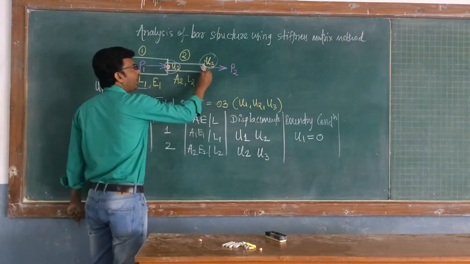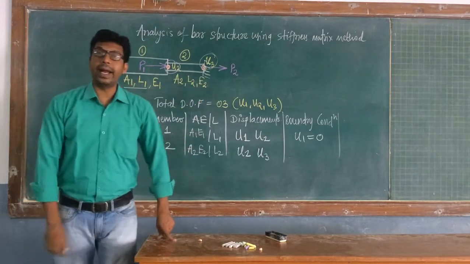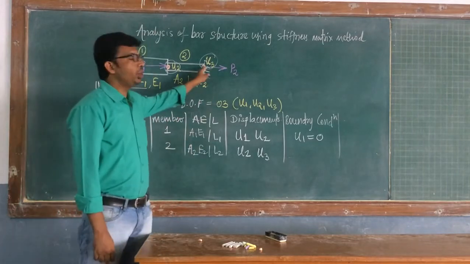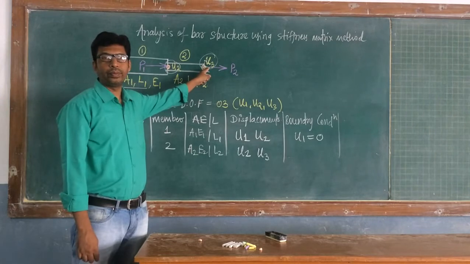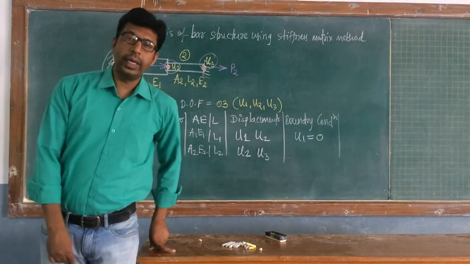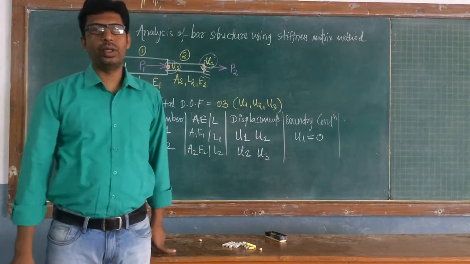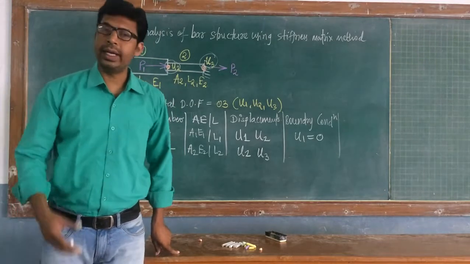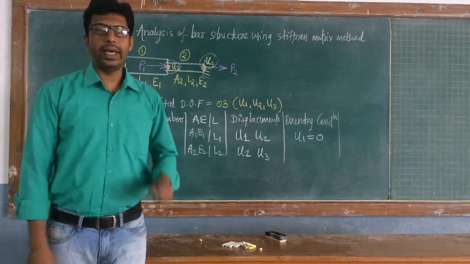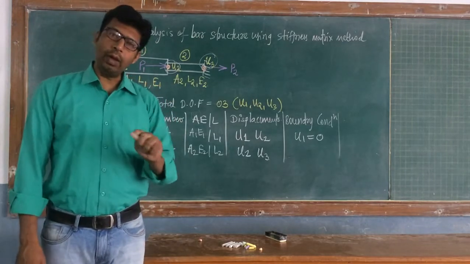Okay. Suppose you fix the right end also, then there will be one more boundary condition, U3 equal to 0. Remember, sometimes instead of fixed support, hinge support is also used in the bar structure, but hinge support also represents that there is no displacement.